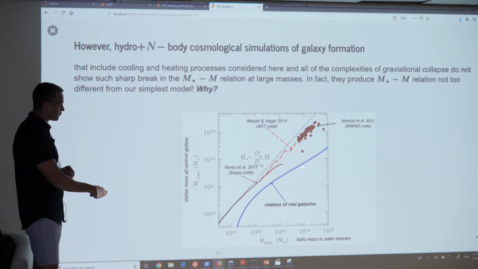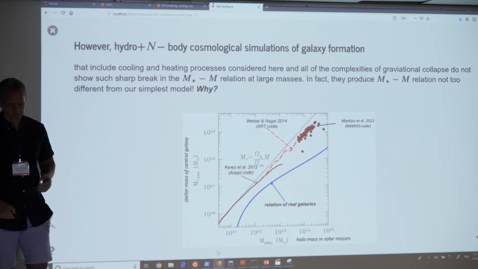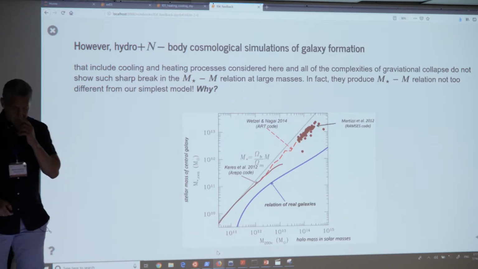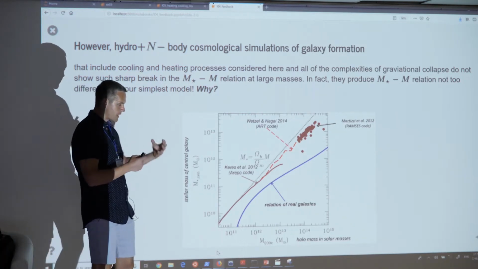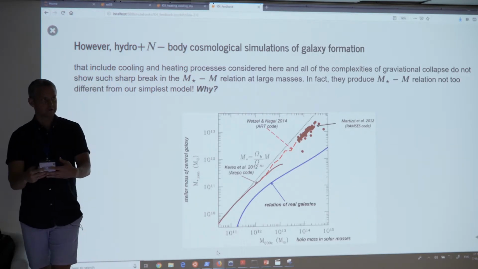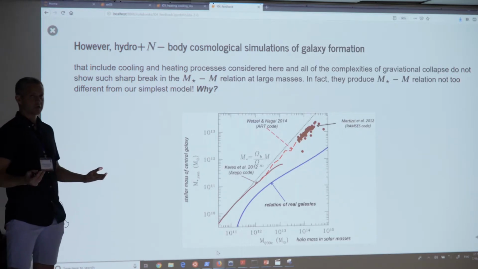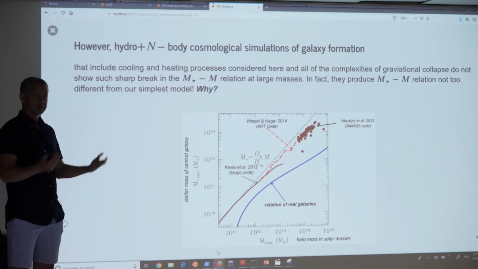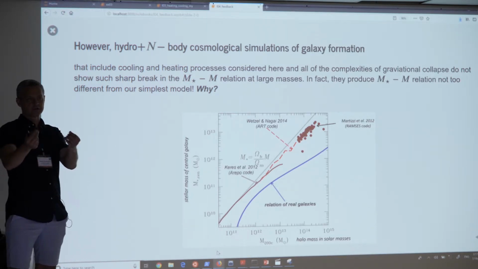The line itself also comes from so-called abundance matching. This is something that Anatoly will be talking about tomorrow. But it simply follows from the assumption, it's simply a nonlinear mapping between the stellar mass function of galaxies and the mass function predicted for the halos. Under the assumption that every galaxy forms in a halo, we know that the stellar mass function has to be related to the halo mass function because each galaxy lives in a halo.